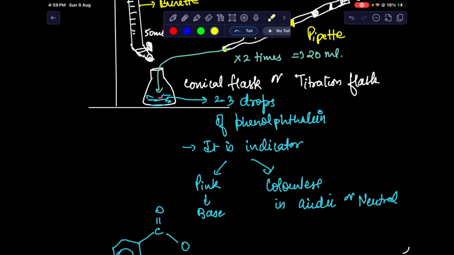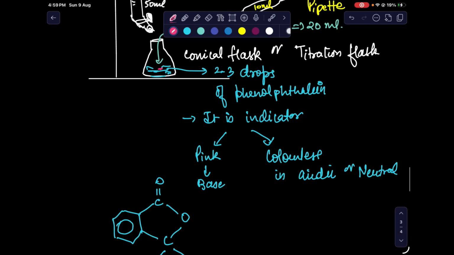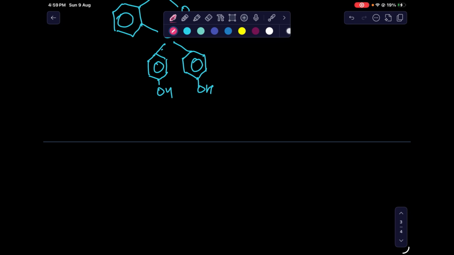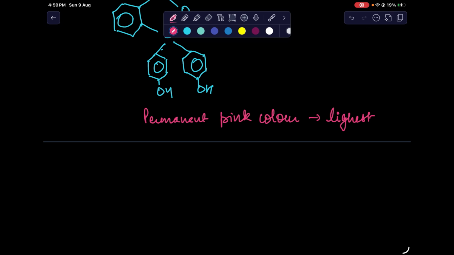If you make the solution very basic, a dark pink, your reading is wrong. So you will continue adding NaOH till you get a permanent pink color, and this should be the lightest possible shade.